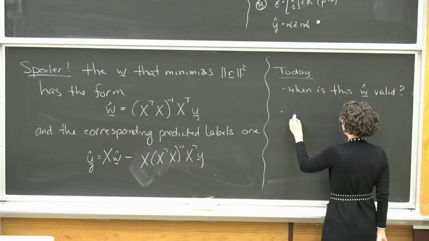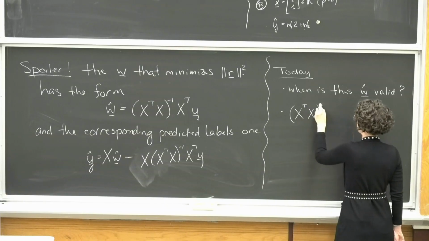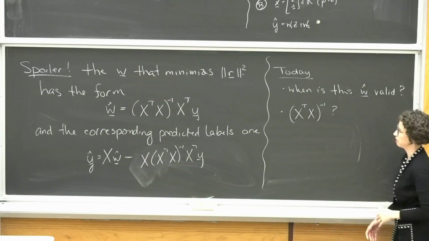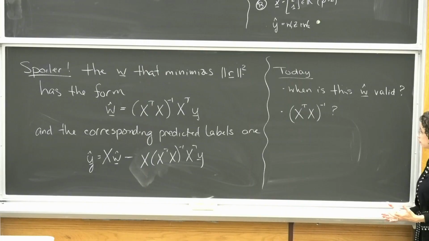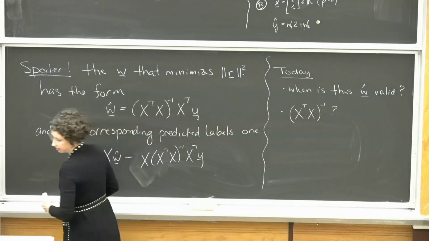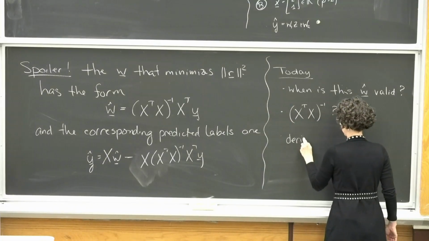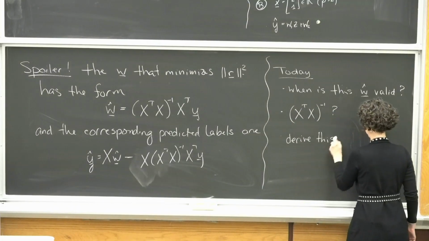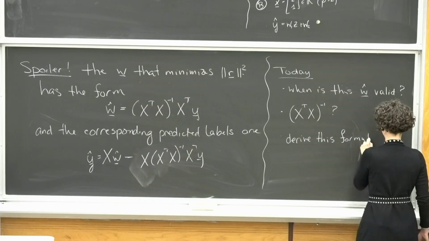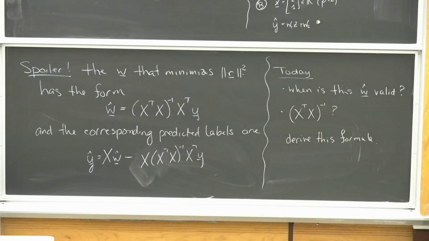We're also going to talk about what it means when we have X transpose X inverse. We haven't talked about matrix inverses yet, so we'll talk about that, and why it arises here in the context of least squares prediction. And then finally, we are going to derive this formula. So that's basically the plan for the rest of the day.